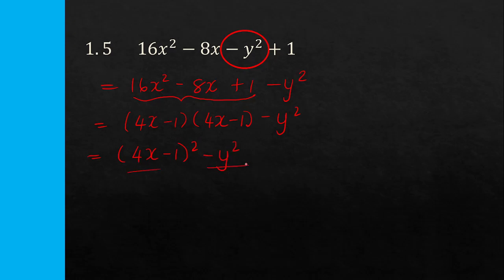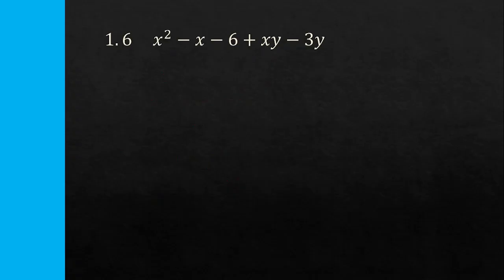Square number, square number. Okay, 4x minus 1 minus y, and 4x minus 1 plus y. That one was nice.